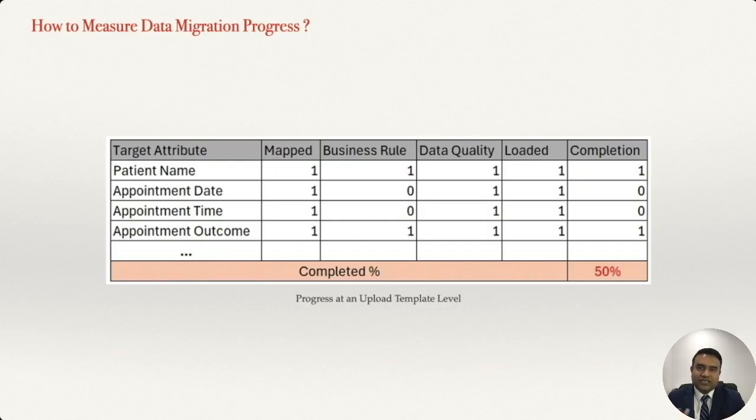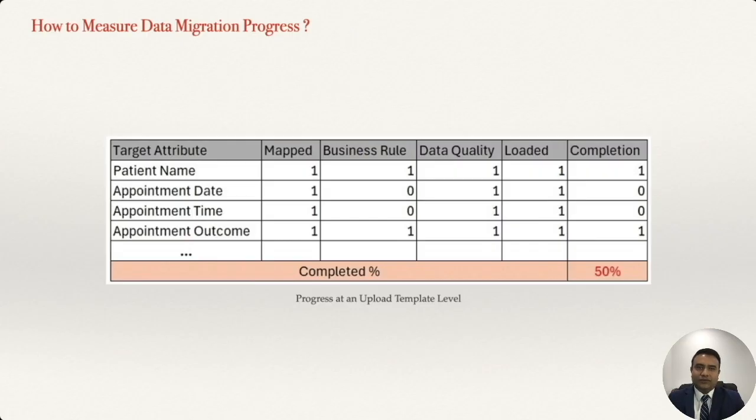So, as we see in this table, if the upload template contains 4 fields and 2 are marked as done across all the 4 flags, then the progress for that template is 50%. In reality, the upload template, let's say an appointment, may have 60 fields, and 25 of them are completely done as of today.